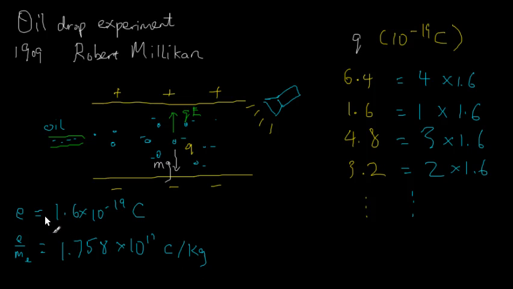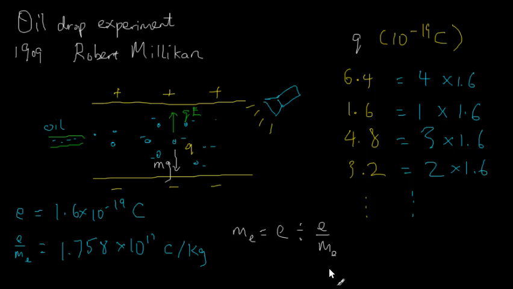So with these two pieces of information, we are ready to find the mass of an electron, finally. How shall we do it? m_e is what we want. I can get it by taking e divided by e over m_e.